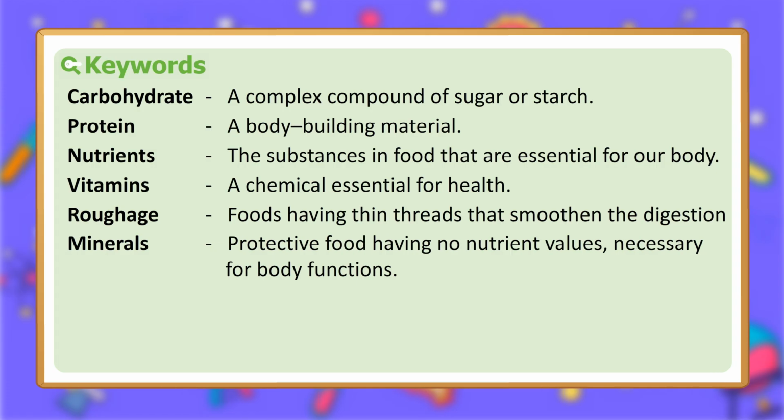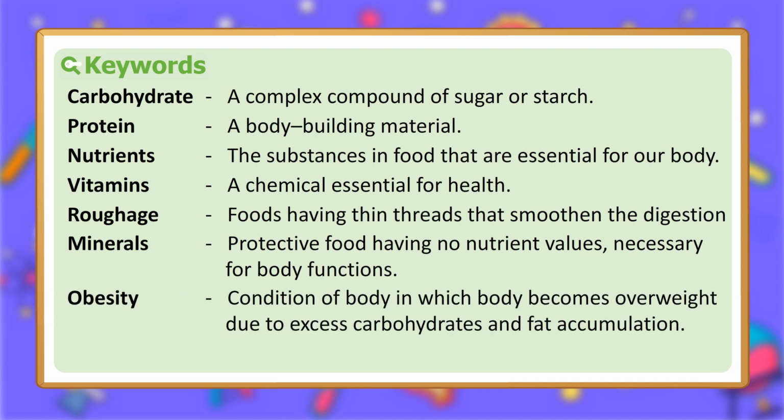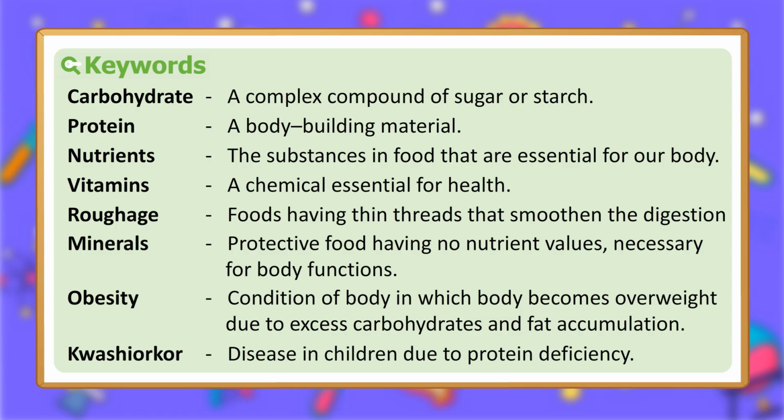Minerals: protective food having no nutrient values, necessary for body functions. Obesity: condition of body in which body becomes overweight due to excess carbohydrates and fat accumulation. Kwashiorkor: disease in children due to protein deficiency.